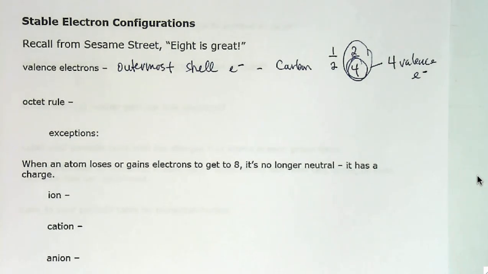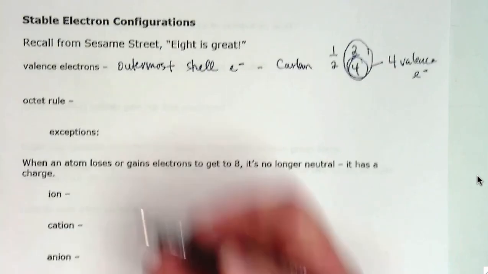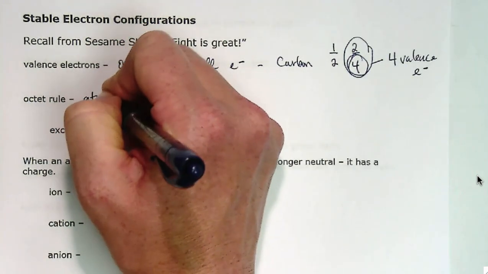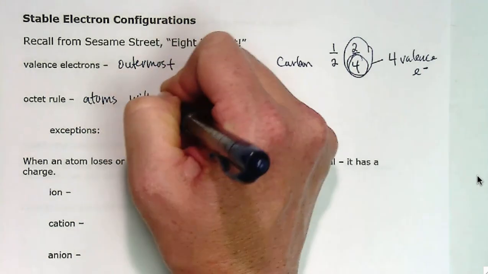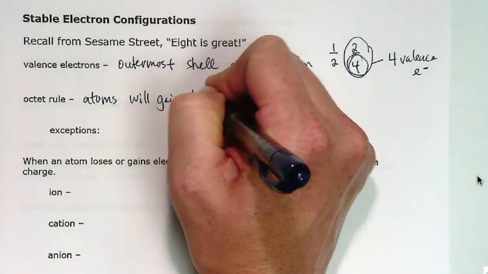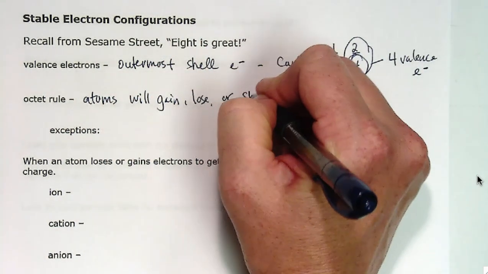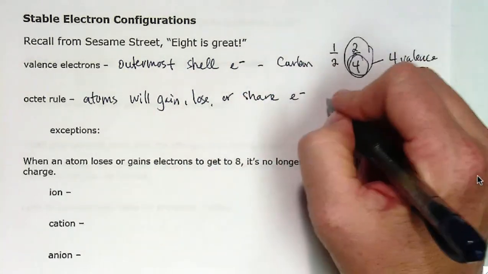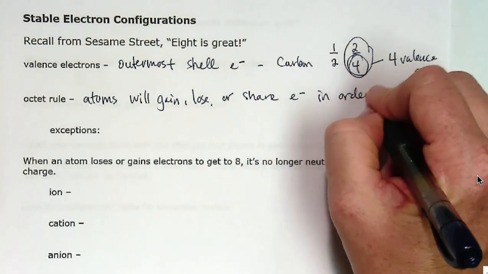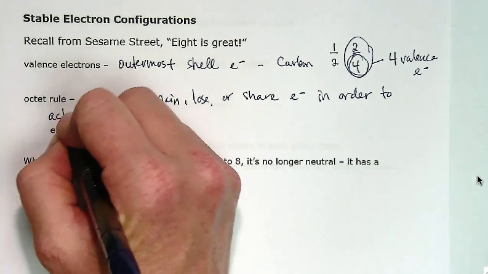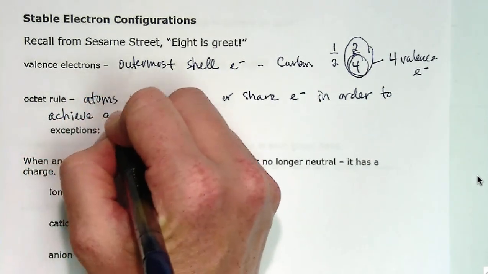Okay, so carbon has 4 valence electrons. The octet rule states that atoms will gain, lose, or share electrons in order to achieve an octet.